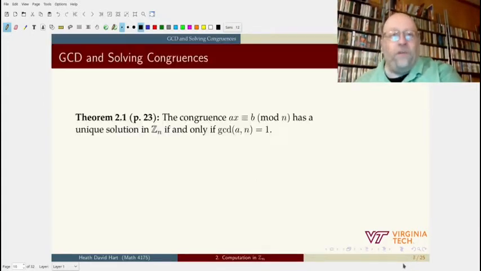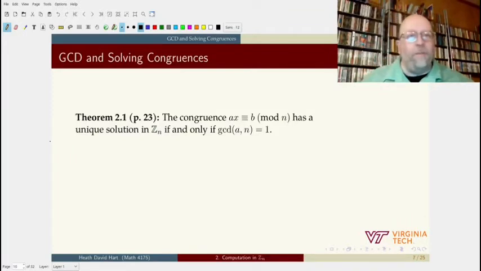GCD and Solving Congruences. This is a theorem in the book. The congruence AX is congruent to B mod n has a unique solution in Z mod n. That's what unique means, exactly 1. If and only if the GCD of A and n is equal to 1.